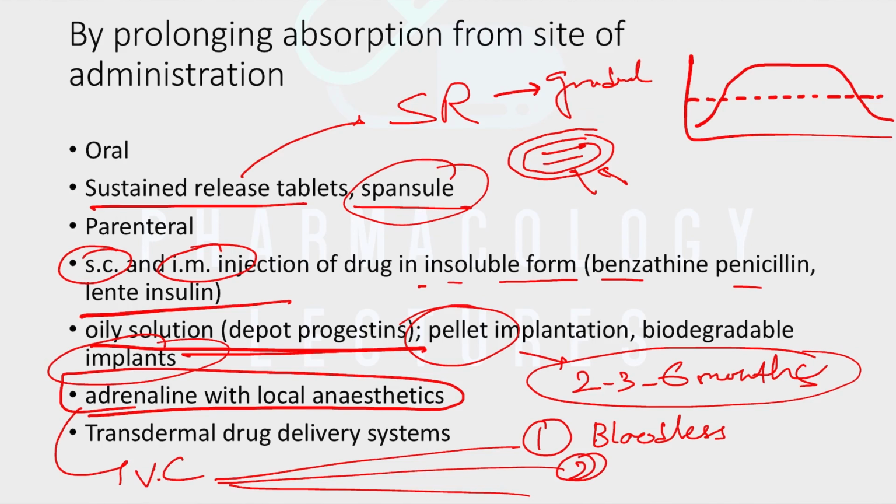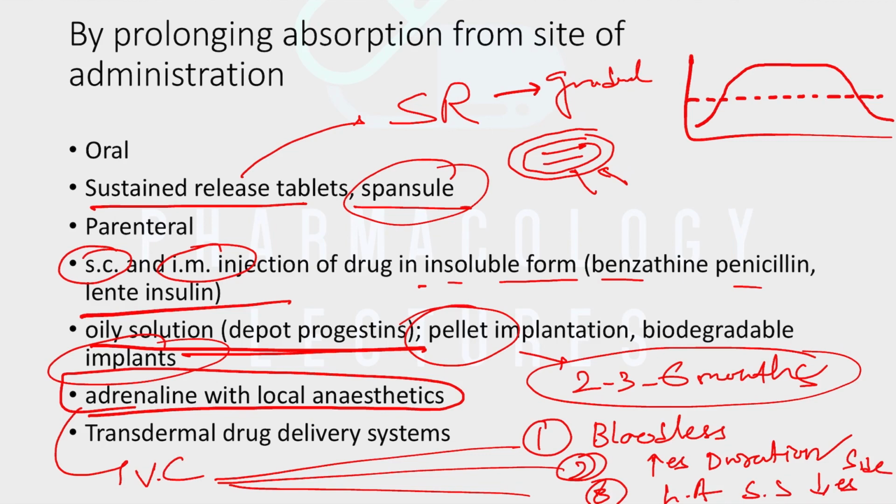The duration of action of local anesthetics increases because local anesthetics can now act for a longer time if there is vasoconstriction. And the third important thing is that because of vasoconstriction by adrenaline, less of the local anesthetic goes into the systemic circulation and decreases the side effects.